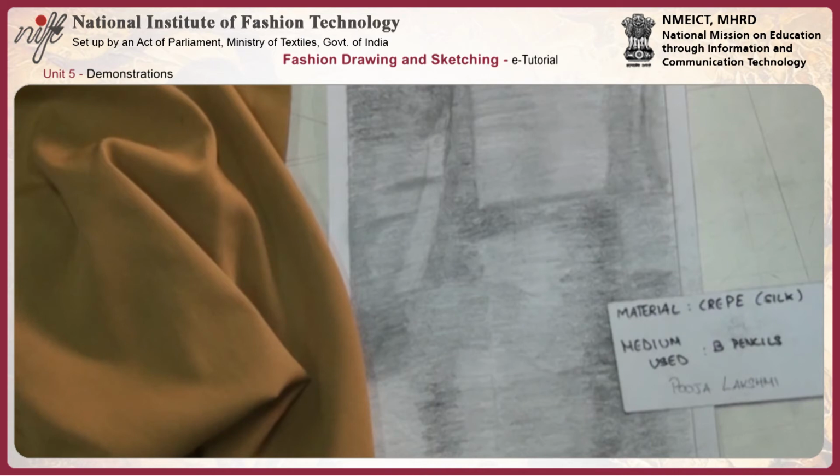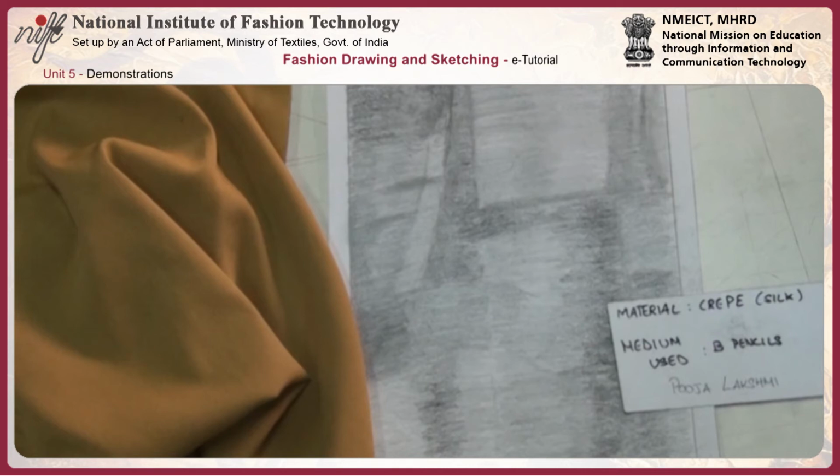Here you are watching the rendering of crepe fabric using B pencils. B pencils are soft in nature, so the illustrator has created the rendering using B pencils.